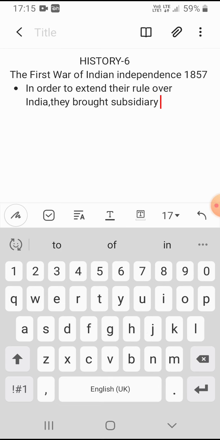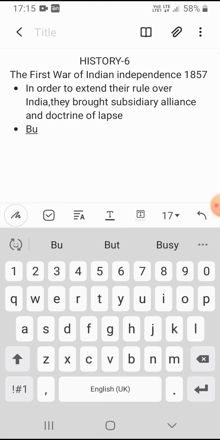You learned about that in your second chapter of history. Subsidiary alliance they brought, and they brought the doctrine of lapse.